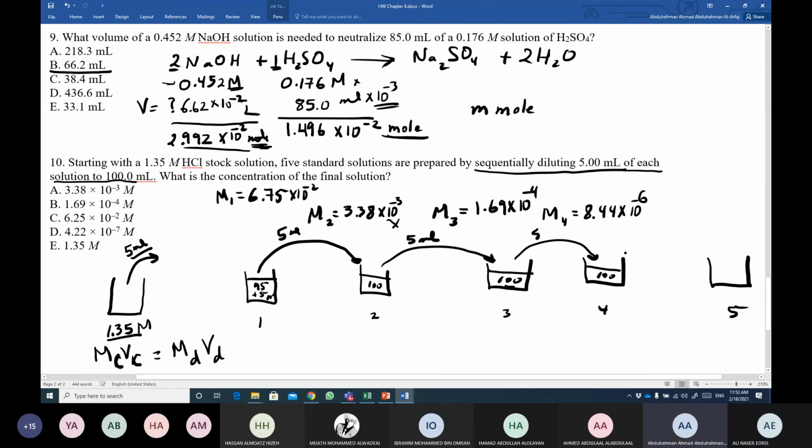And then let's do 5. 4.22. So M5 is equal to what? 4.22 times 10 to the power minus 7. And this is the correct answer.